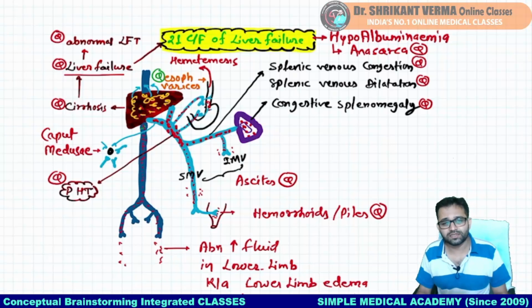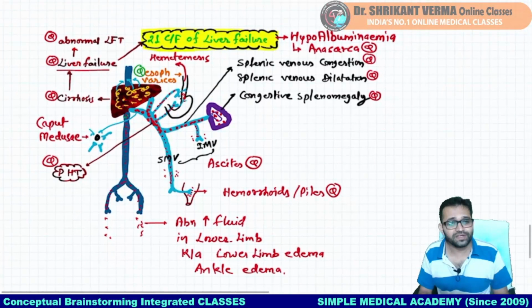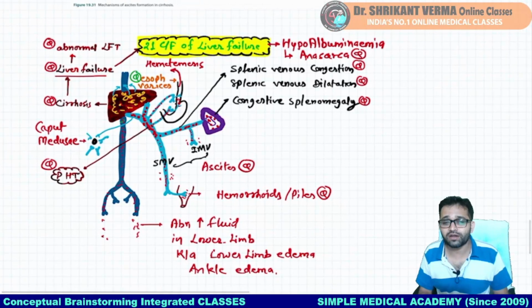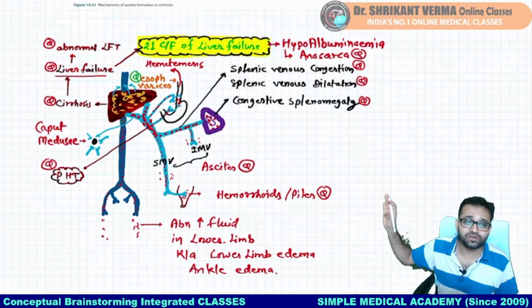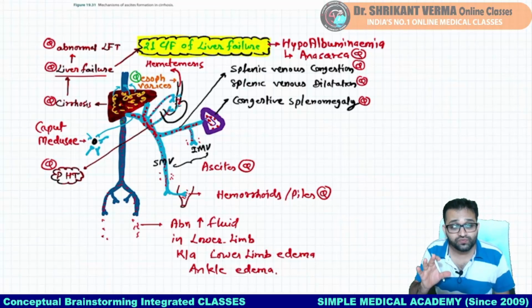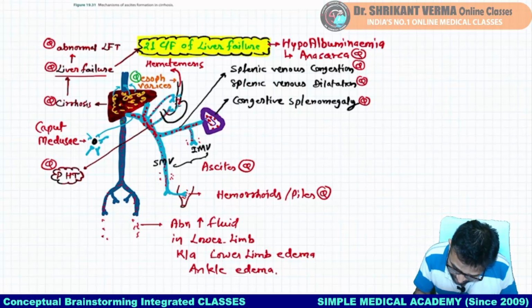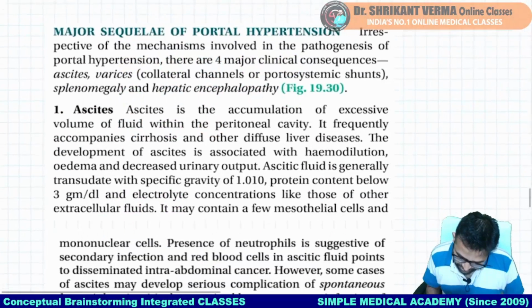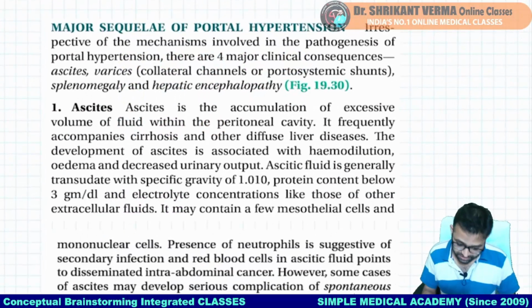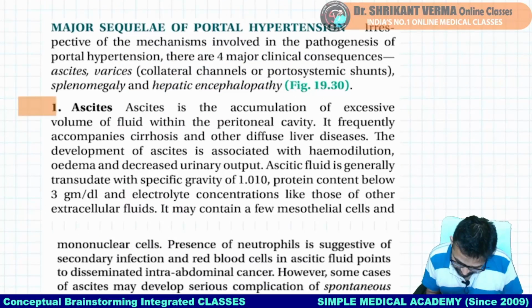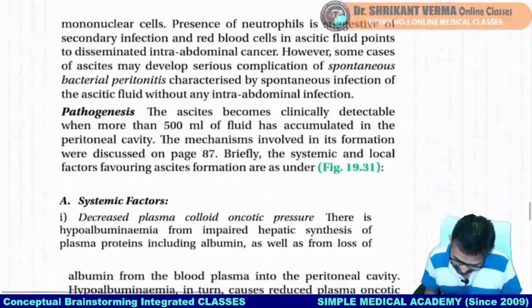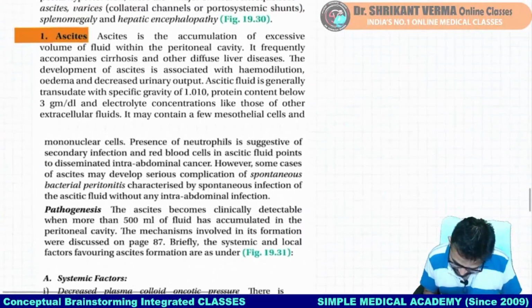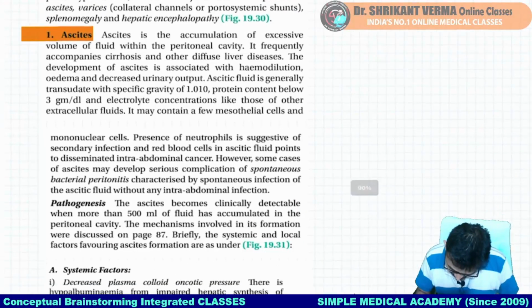Recall our heart class. Getting the point? Very beautifully presented, beta. You are learning in a great way. So remember, I just told you a few points. These are all our pathogenesis portion. The major sequel of portal hypertension is ascites.